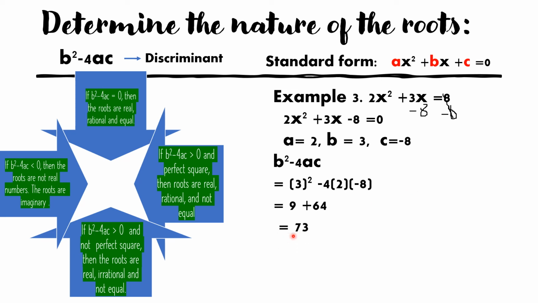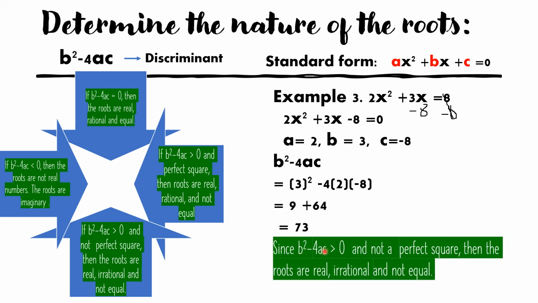Now, 73 is greater than 0, but not a perfect square. So again, since b squared minus 4ac is greater than 0 and not a perfect square, then the roots are real, irrational, and not equal.